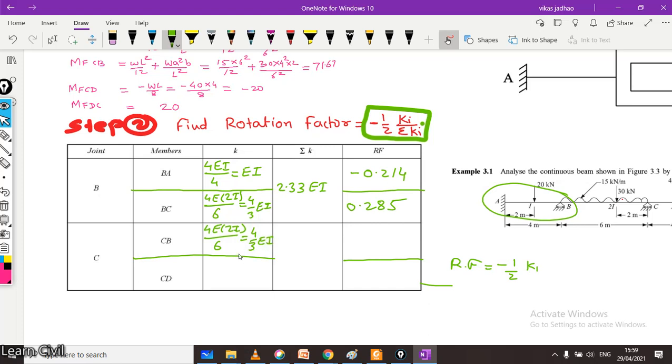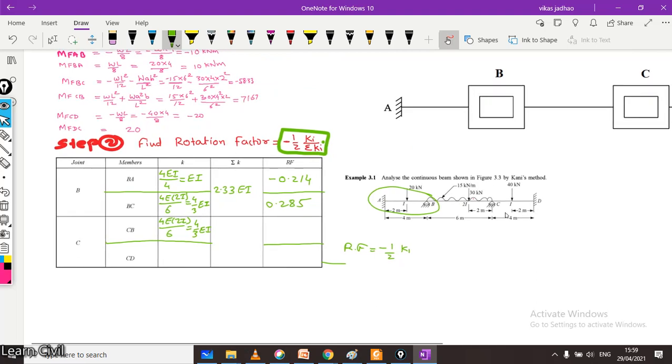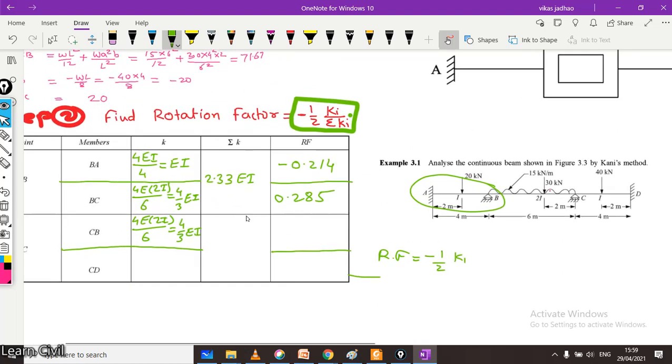And for CD, the stiffness will be equal to 4 EI by L. You can see here the CD span is 4 meter, so this will be 4 EI divided by 4 meters, equal to EI. So summation of K will be 4 by 3 EI plus EI, so this will be equal to 2.33 EI.